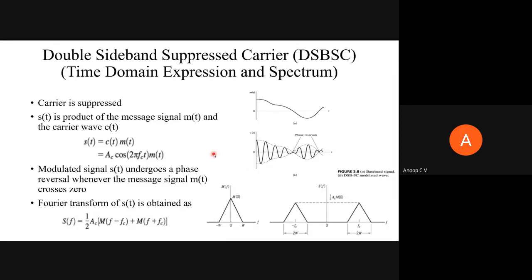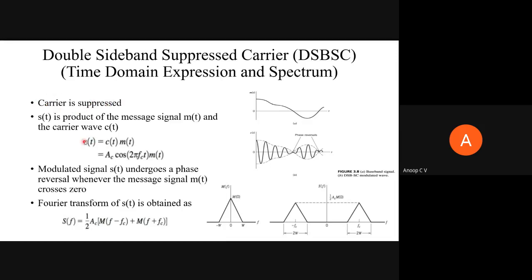We have seen that in standard AM, the information resides within the sidebands, and most of the power is transmitted in the carrier. The carrier as such doesn't contain any information. Because of that, to improve the power efficiency, one of the options is to go for double sideband suppressed carrier modulation. In DSBSC, the carrier is suppressed.